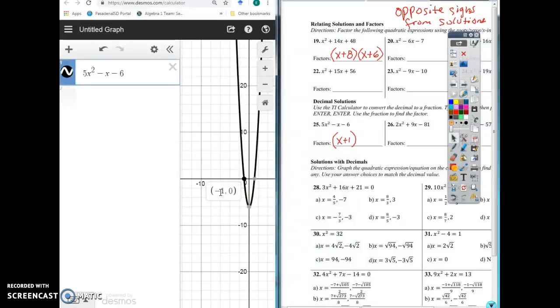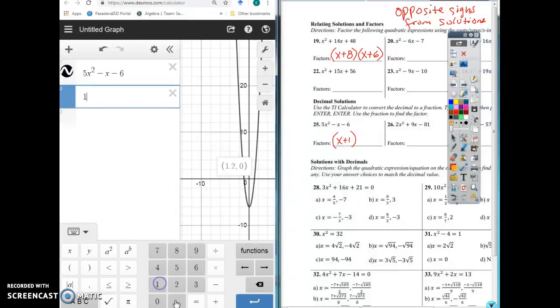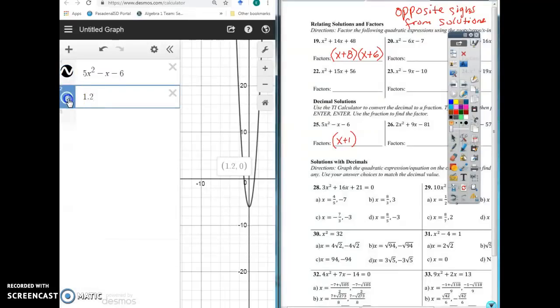From this one, just change the sign. But this other one, first I need to turn it into a fraction. So we're going to type 1.2. Change it to a fraction, 6 over 5, and change the sign to a negative. Remember, this number moves to the front. I don't know if you guys remember.